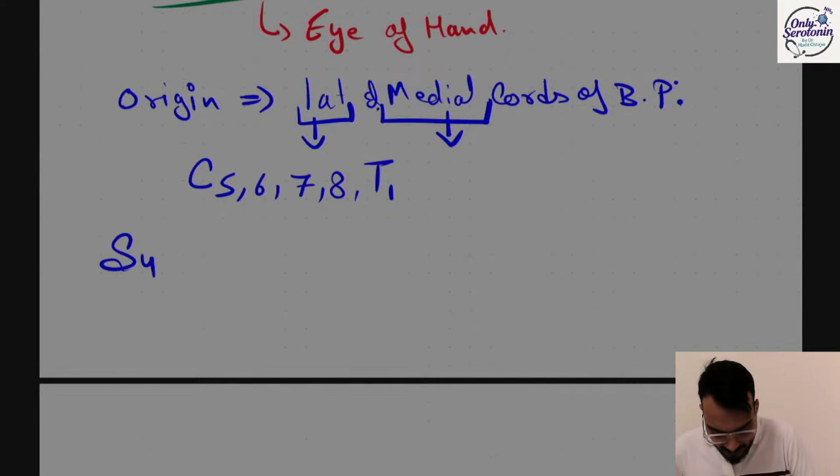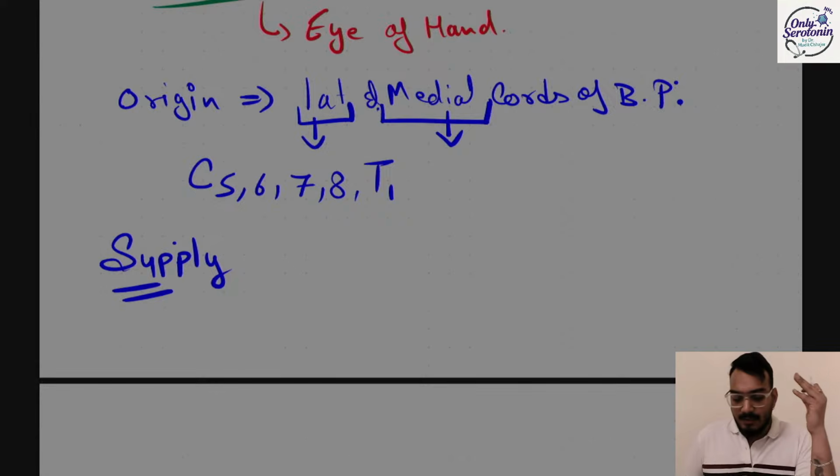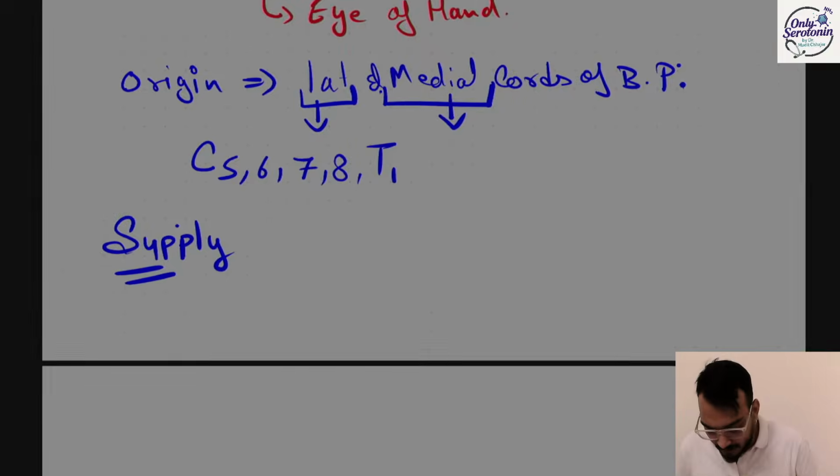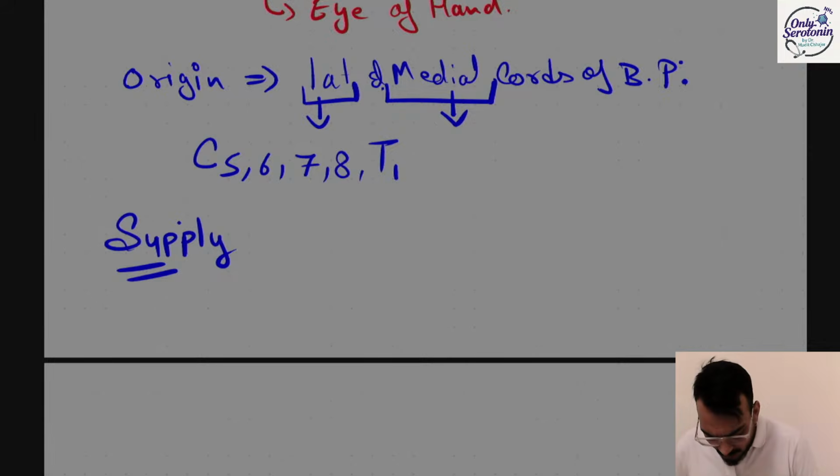Now what is it supplying, guys? When I ask you the supply of your ulnar nerve and the median nerve, here I will cover the muscles of the anterior compartment of your forearm, right? Because it is supplying to the forearm.